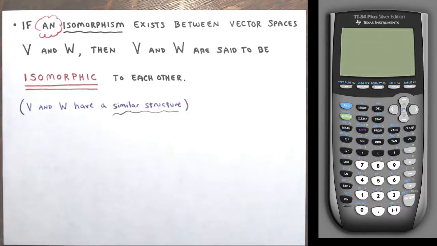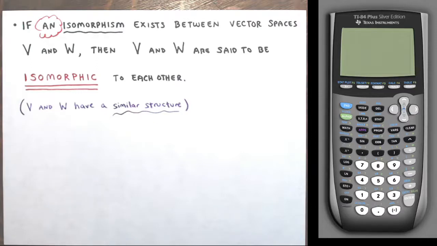Now if you find one that isn't, that doesn't mean anything. They could still be isomorphic vector spaces. Just because you found a transformation that wasn't an isomorphism doesn't mean that there isn't one out there that is an isomorphism, so you've got to be careful with that.